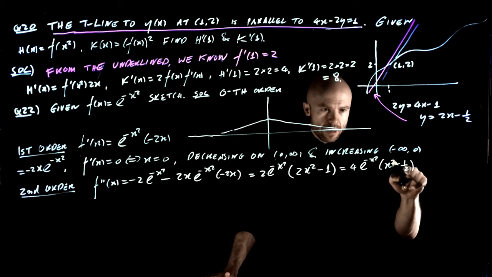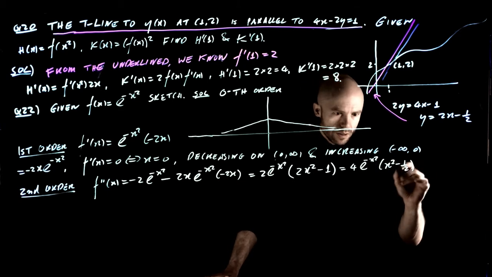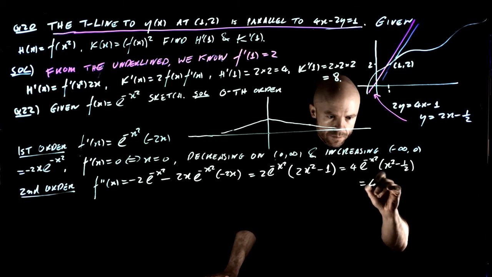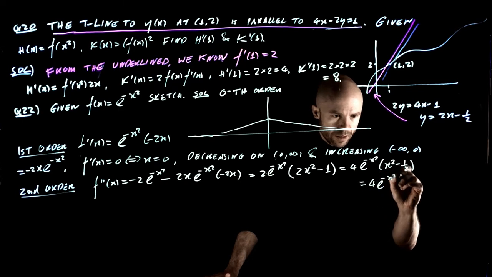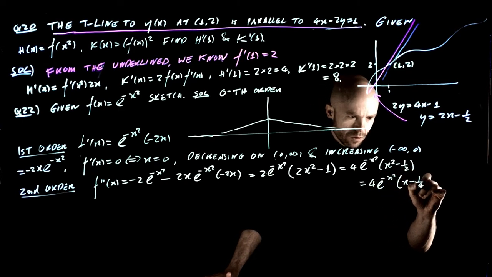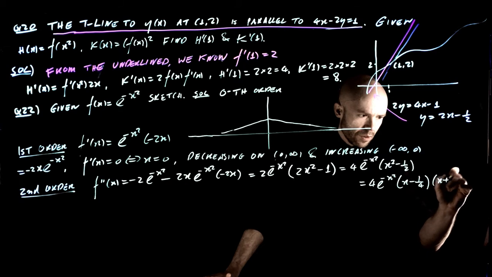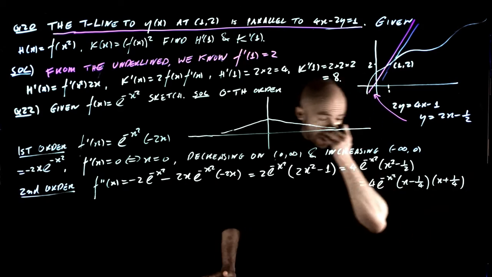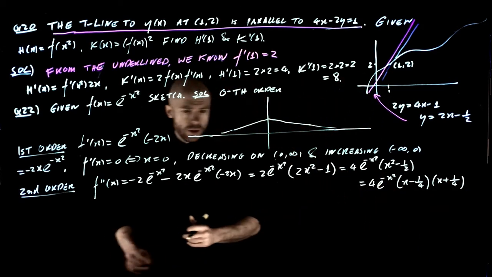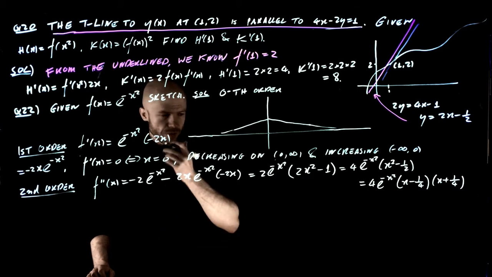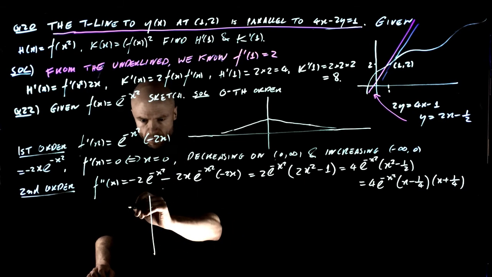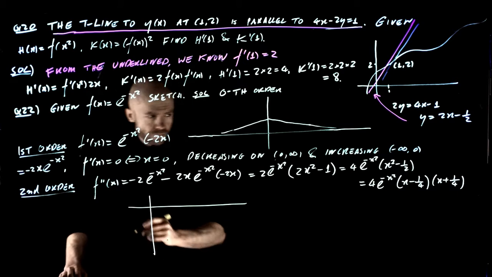X squared minus a half, and a half is a quarter squared. So let's write that as 4 e to the minus x squared, x minus 1 over 4, x plus 1 over 4. And now we are happy, because we can create our table.